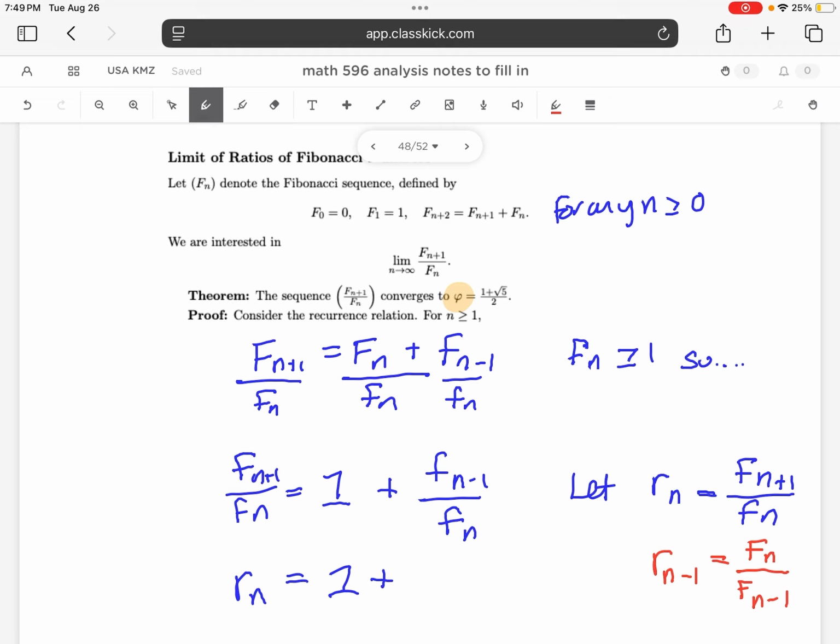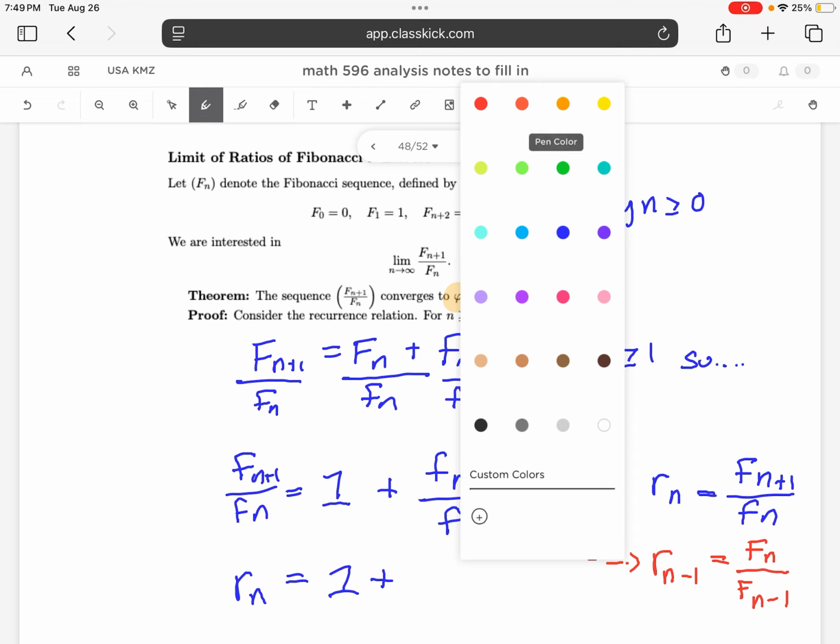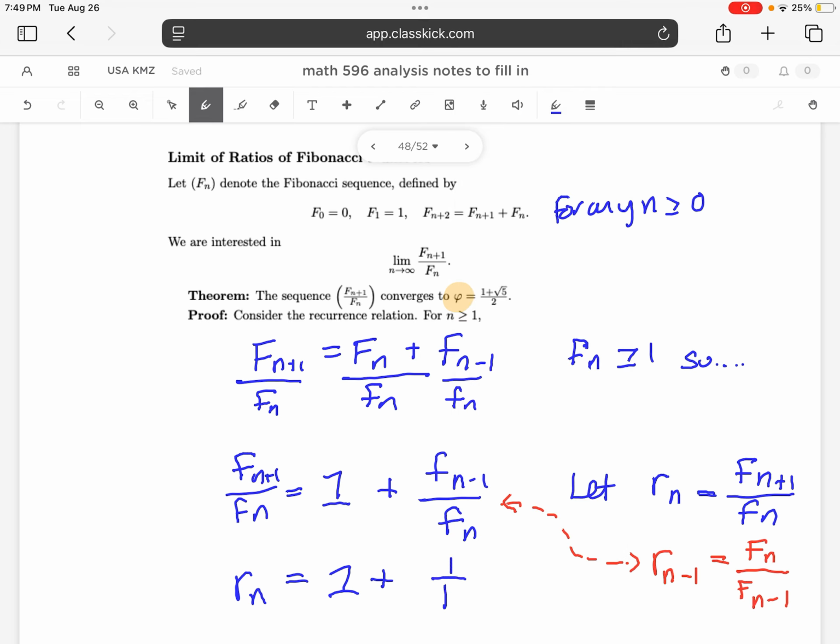And so now we can see that this is just the reciprocal of this, which means we can rewrite this as r sub n is equal to 1 plus 1 over r sub n minus 1.